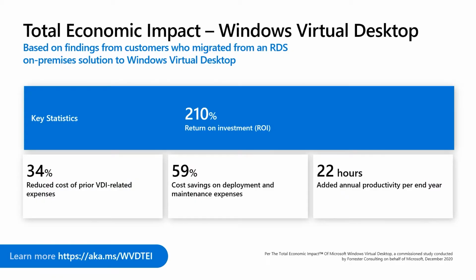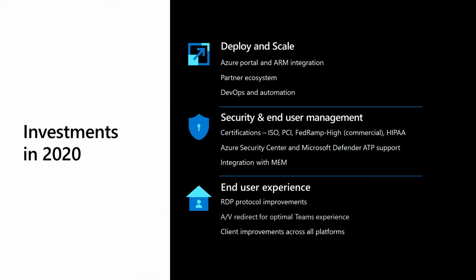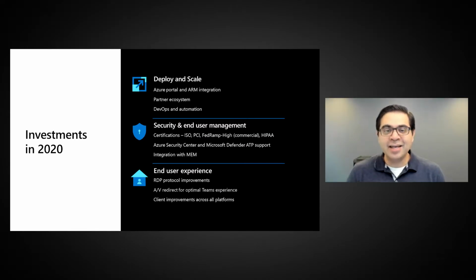All right, but given the fast pace of implementation, what were some of the common hurdles that people came across? As organizations have been really rapidly shifting to remote work using Windows Virtual Desktop, there were some key challenges that they faced. And we've really invested to help with those challenges. The first area is around making the service easier to deploy and manage. And earlier in the year, last year, we started by investing in integration with the Azure portal and Azure Resource Manager so that it was really a first-class citizen experience and a natural experience for organizations that are building on Azure to deploy Windows Virtual Desktop.